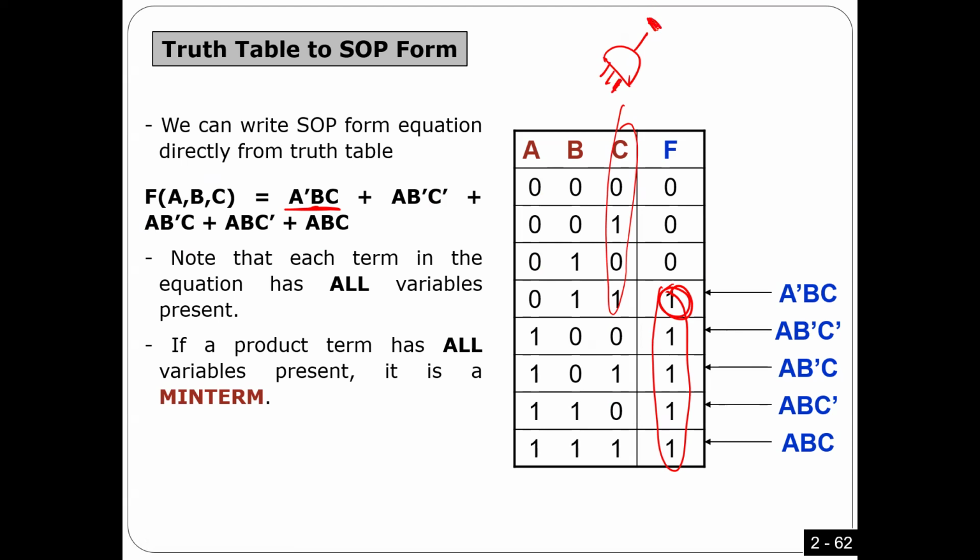I want the AND gate to give me 1. So I have to guarantee all inputs should be 1. That's why whatever 1, I will keep it without inversion. Whatever 0, I'm going to invert it. Okay, that's why for this one here, I'm going to have this term in this case. I'm going to have this term in this case. I'm going to have this term in this case. And then I'm going to OR them together.